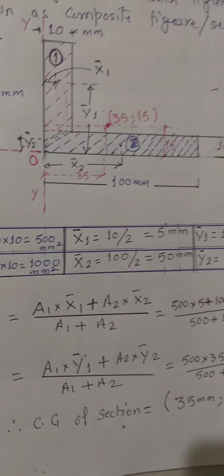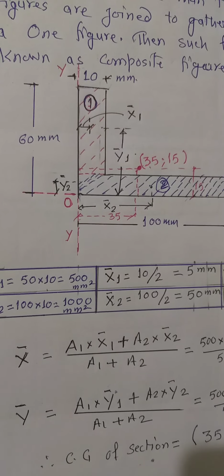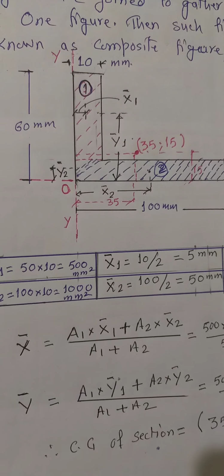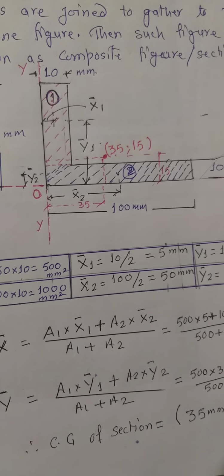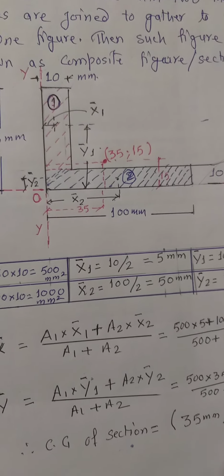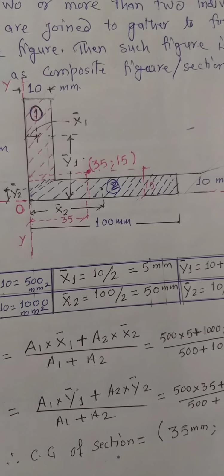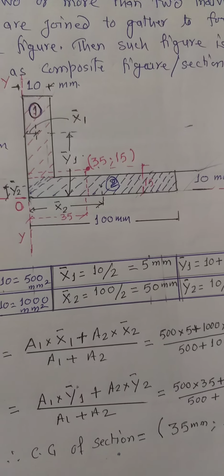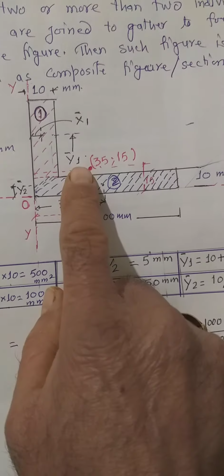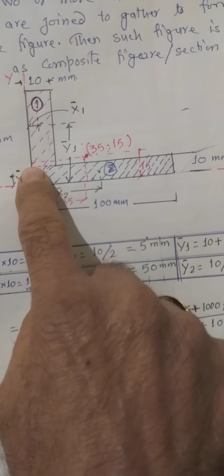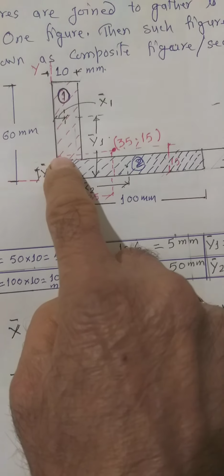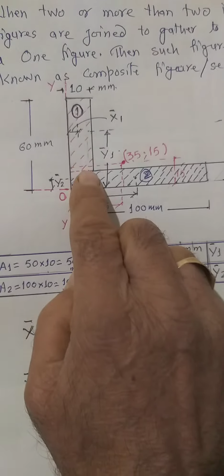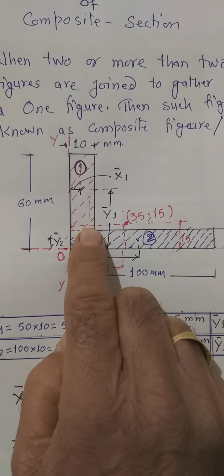Now just see, this total distance is 60 mm and the width is 10 mm, while this another leg has a length of 100 mm and the thickness is the same, 10 mm. But now what I am doing, I am considering this whole line as section 2, and right from here to here you can consider section 1.